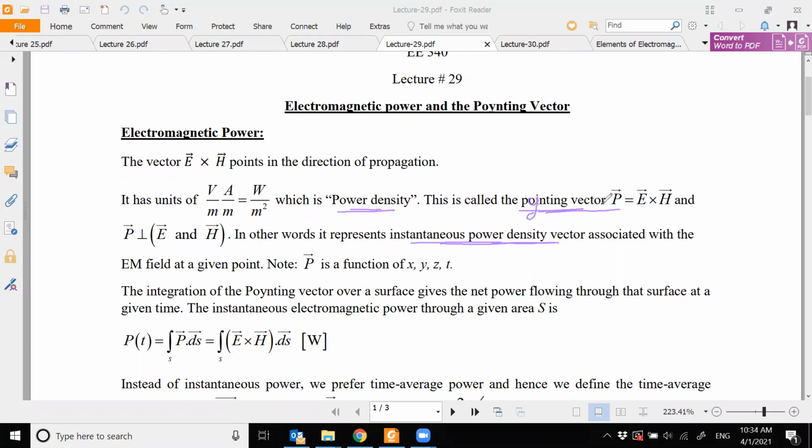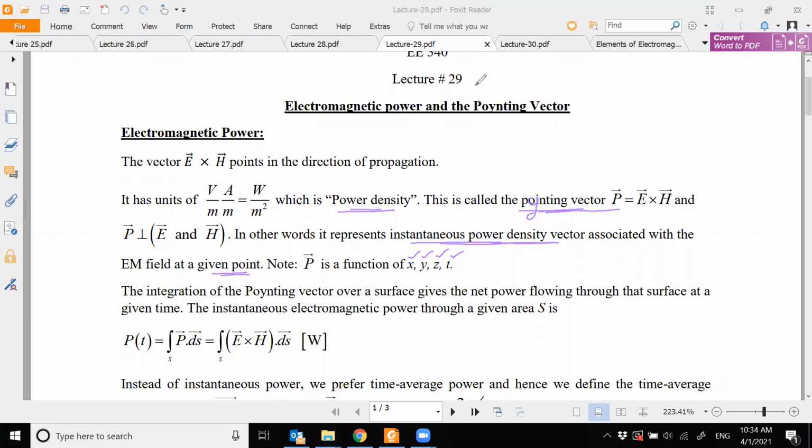So this P bar is an instantaneous power density vector, also called the Poynting vector. It gives you the instantaneous power density of our electromagnetic wave at a given point. That means P bar is a function of x, y, z, and also time t, because my electric field and magnetic field are also functions of x, y, z, and time t.